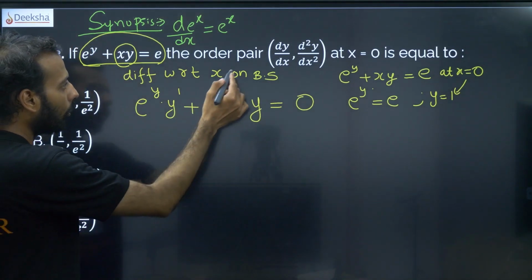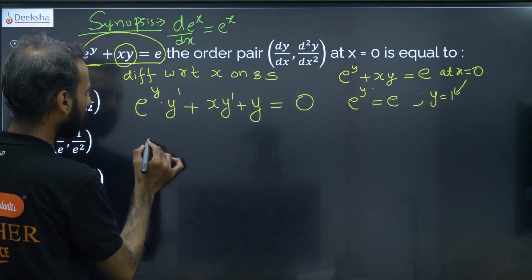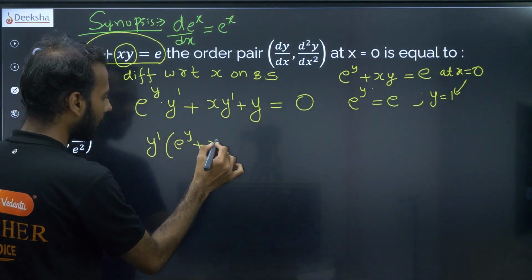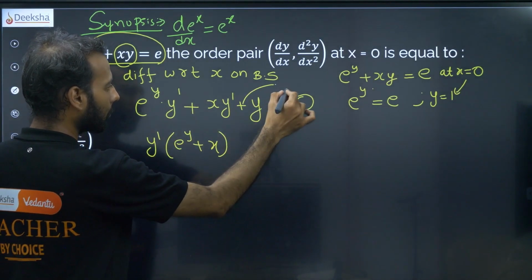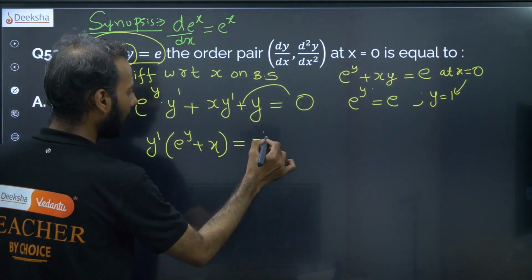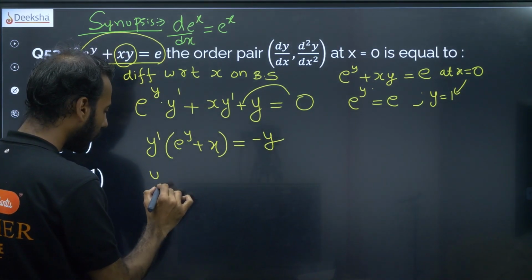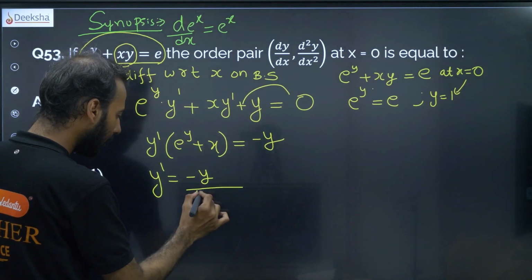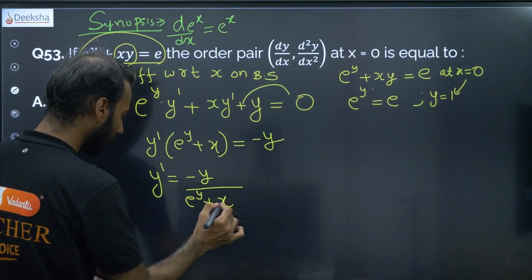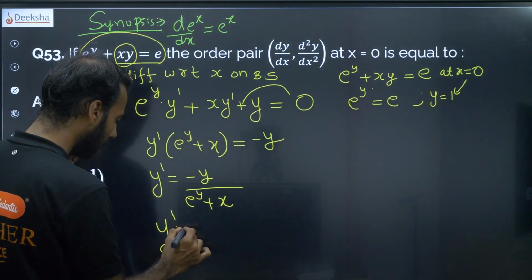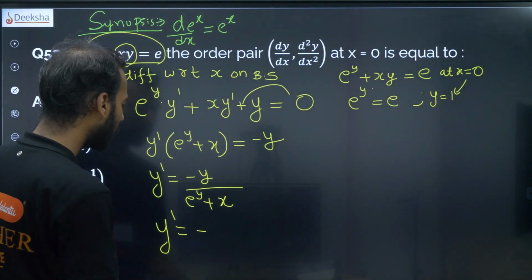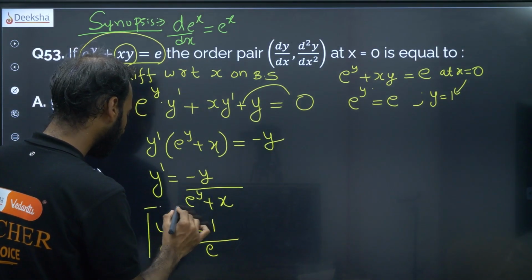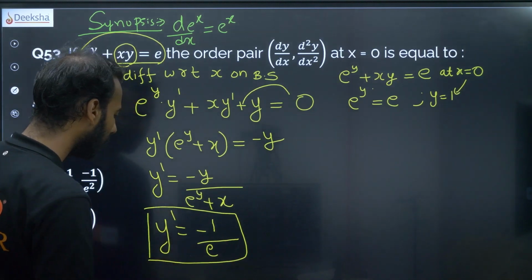Now they are talking about y dash. If I transpose, y dash is negative y by e raised to y plus x. In place of negative y, I will write minus 1. So y dash is minus 1 by e.